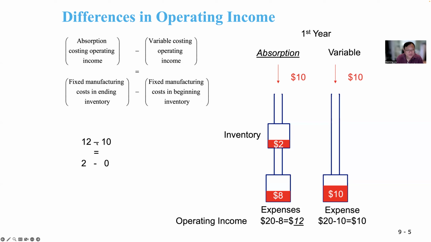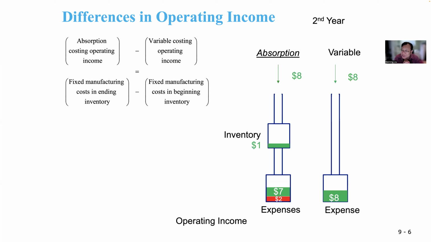Suppose now we are in the second year. Suppose in the second year the fixed manufacturing cost for the year is $8, okay? And the revenue is still $20. So under variable costing, my income is revenue $20 minus my fixed cost $8, so that will be $12.